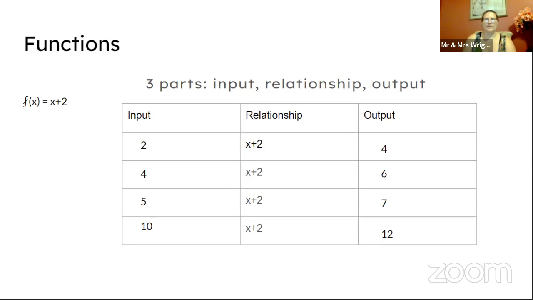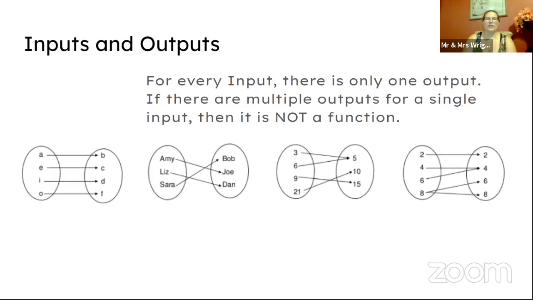But these types of equations are special because for every input, you can only have one output. So you can't put the number 2 in and get two different answers, 4 and 6. You can only get one answer for every input. So here we have some, I guess you could call them Venn diagrams. We have the inputs on the left and the outputs on the right.